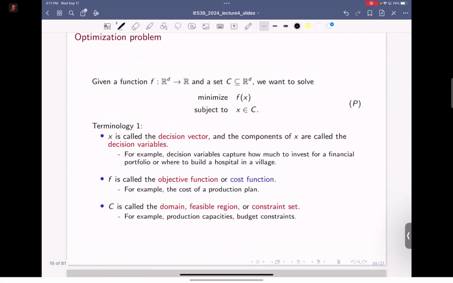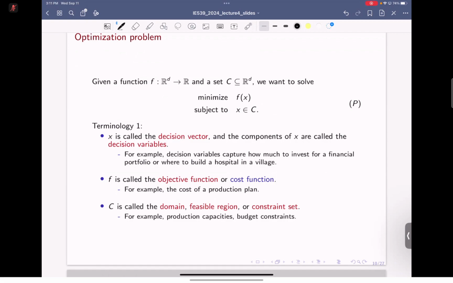When you deal with machine learning problems, many problems are unconstrained, which means that the set C can be the entire Euclidean space. You don't put any restrictions on your decisions. But if you're coming from industrial engineering, where you have to solve operations problems, there typically exist many restrictions and constraints.